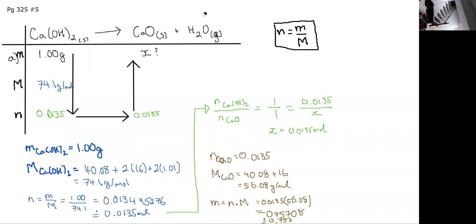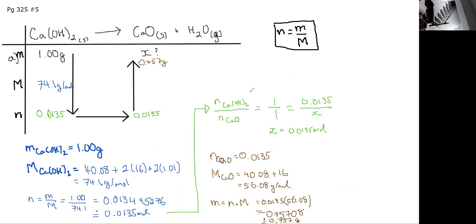Sorry about that. Okay, that's it. So to answer the question, if I have 1.00 grams of calcium hydroxide, I should expect 0.757 grams of calcium oxide.